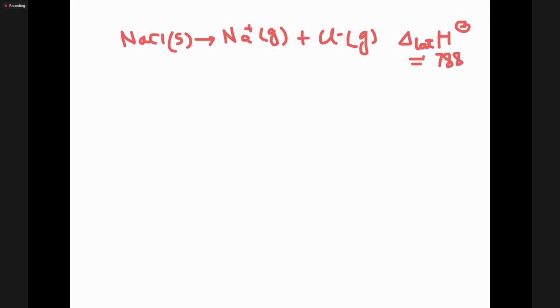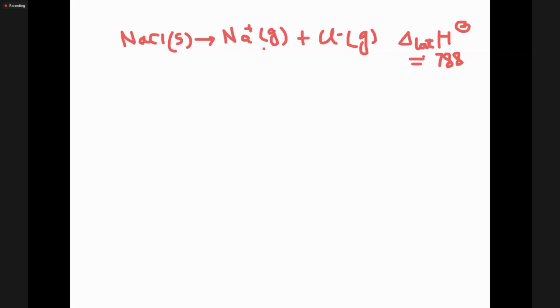This was the lattice energy for NaCl. Now, if we take up this equation, it is a thermochemical equation, because I have told you what we mean by a thermochemical equation. In a thermochemical equation, we have a balanced chemical equation and we have the delta value along with it.